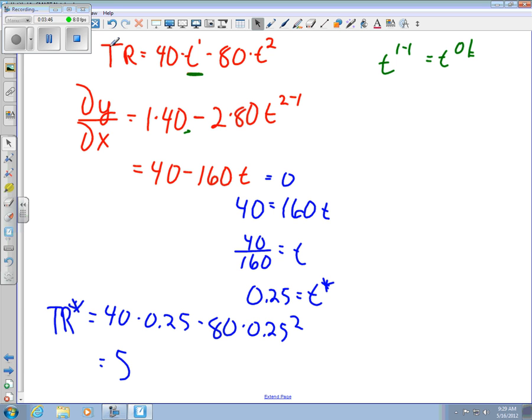That's the solution. So in looking at the curve that we drew up before, this is tax rate and this is tax revenue. The curve looks something like this. This is 0, this is 0.5, this is 0.25, and this is 5.